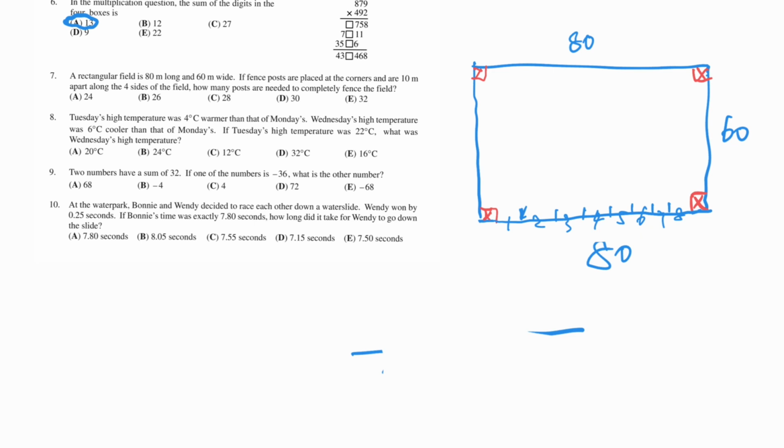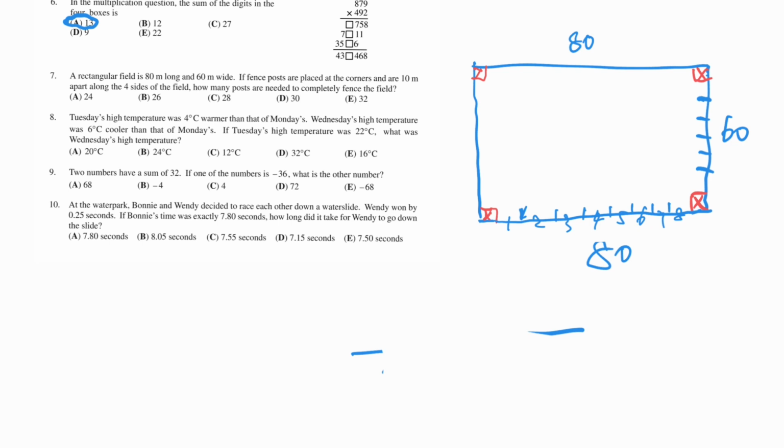So what's the side? The 60. Already have the 2 at the corner. We need 5 posts, dividing the 60 into 6 parts. So 1, 2, 3, 4, 5. Now it's 60 on the side.